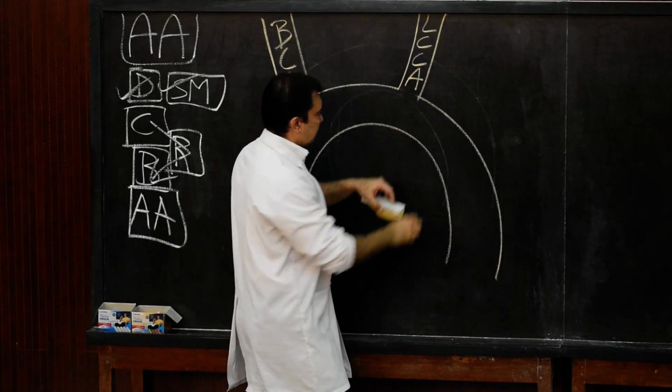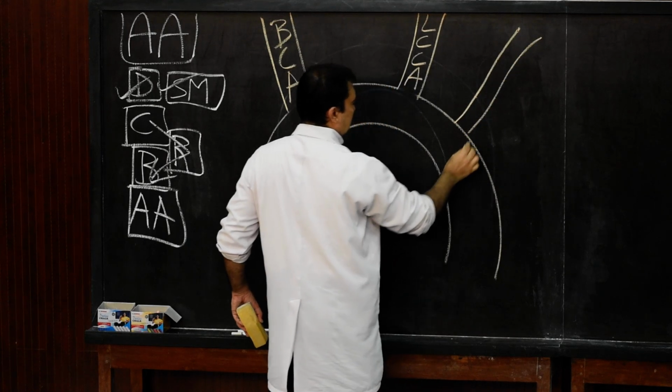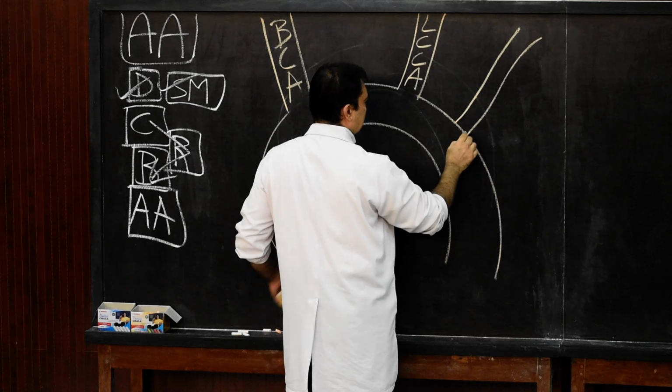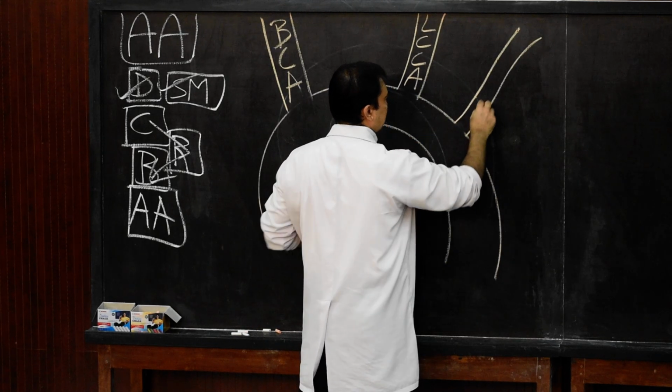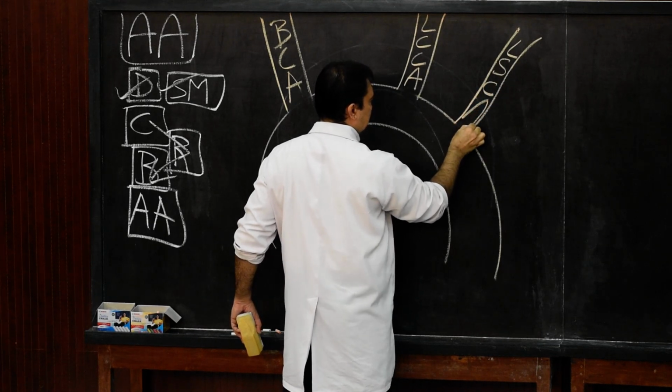And on this side, we are going to draw this as the left subclavian artery. So therefore, here we are going to show this as the left subclavian artery.